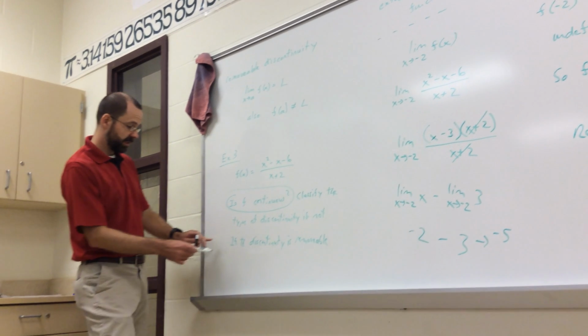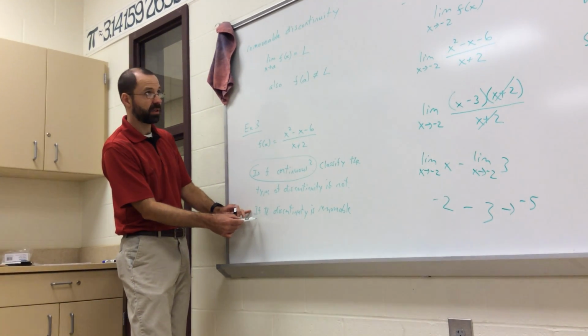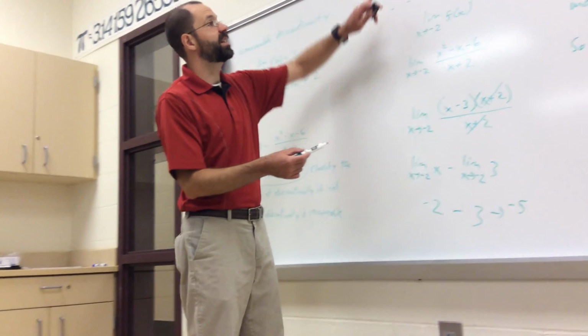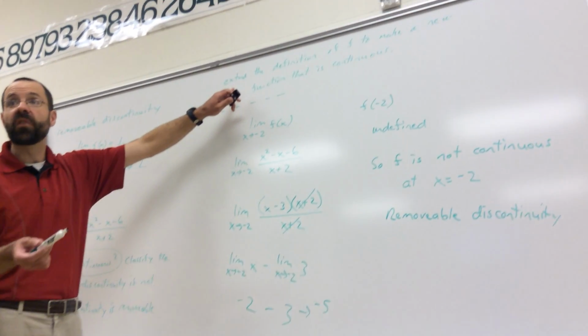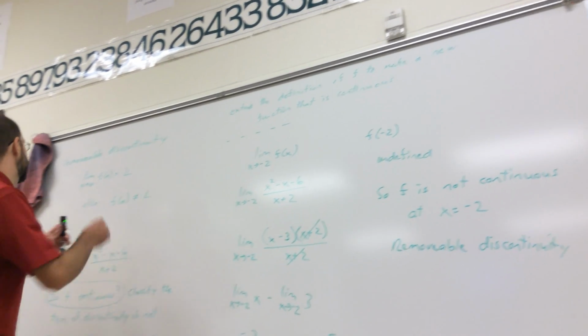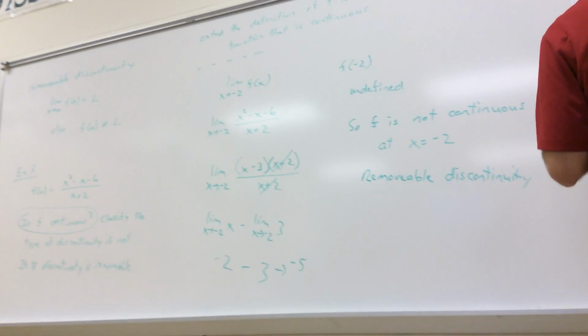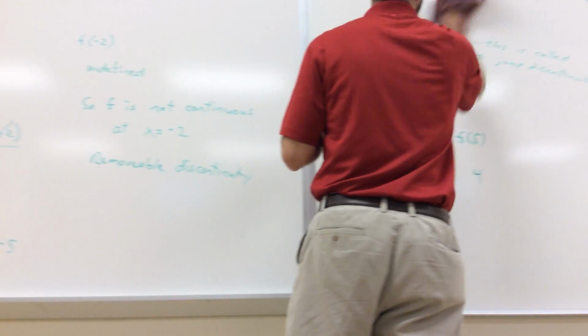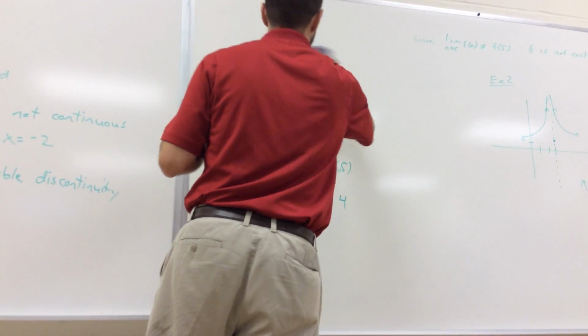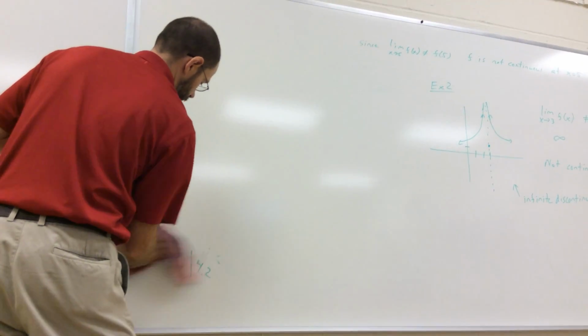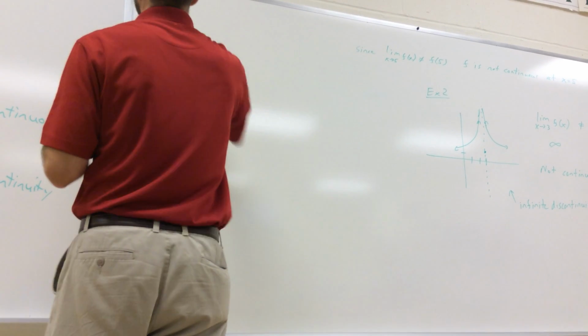Okay, so now we're to the last part, which says if the discontinuity is removable, which it is, extend the definition to make a new function that is continuous. Okay, so I've got to make a new function.